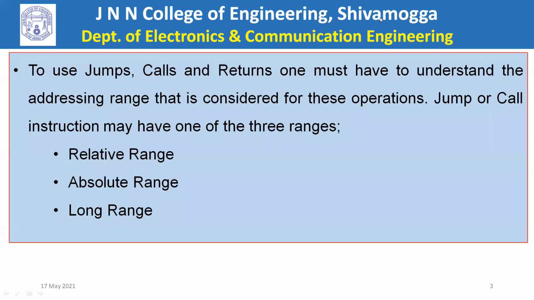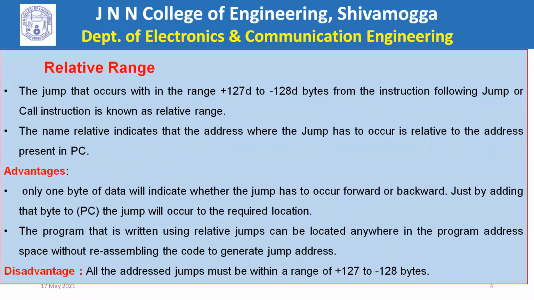Let us see what these addressing ranges are. What is a relative range? The jump that occurs within the range plus 127 decimal to minus 128 bytes from the instruction following the jump or call instruction is known as a relative range. The name relative indicates that the address where the jump has to occur is relative to the address present in the program counter.